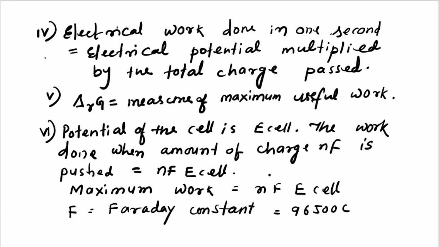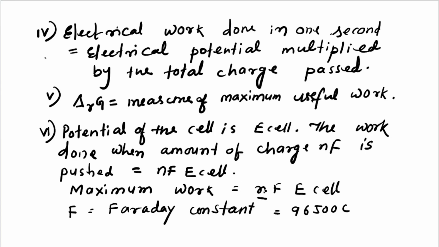The work done when nF is passed, that work is maximum work, that is delta G, equal to nF E cell. What is F? That is the Faraday constant, 96500 Coulomb. And E cell means the electrode potential of the cell. Then n means the number of electrons.